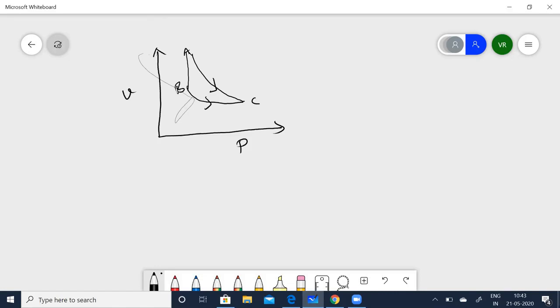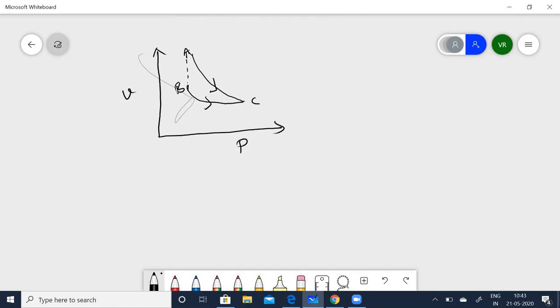Actually, I should put it in dotted lines, since it is not a closed cycle, so that you might not confuse yourself. That's AB.